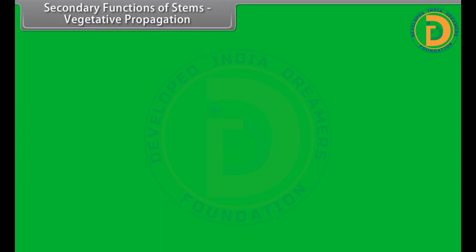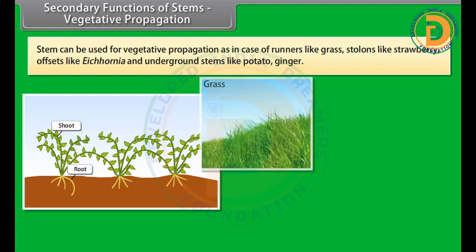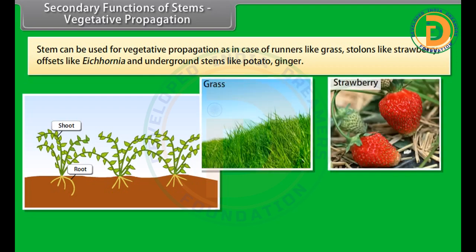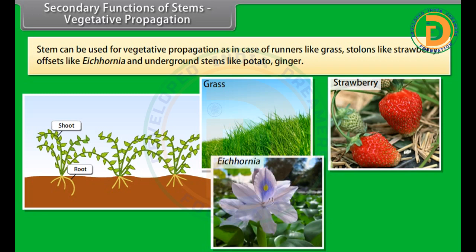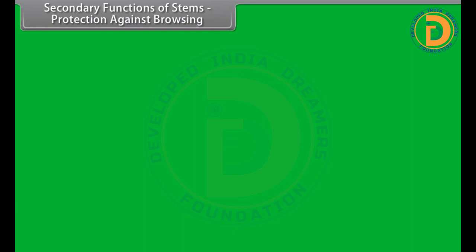Secondary functions of stems. Vegetative propagation. Stem can be used for vegetative propagation, as in case of runners like grass, stolons like strawberry, offsets like Eichhornia, and underground stems like potato, ginger. Protection against browsing.